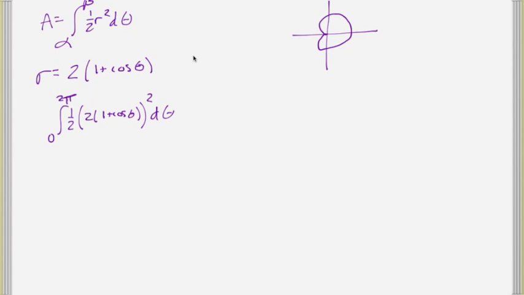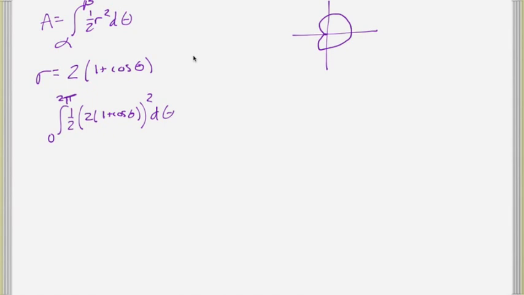I don't know that I've ever seen one of these on a non-calculator in terms of actually needing to do the computation. The book actually goes through the process of trying to do it, but in doing that process, they're using trig substitutions, which we don't really need to do. So this is going to be a fnInt.